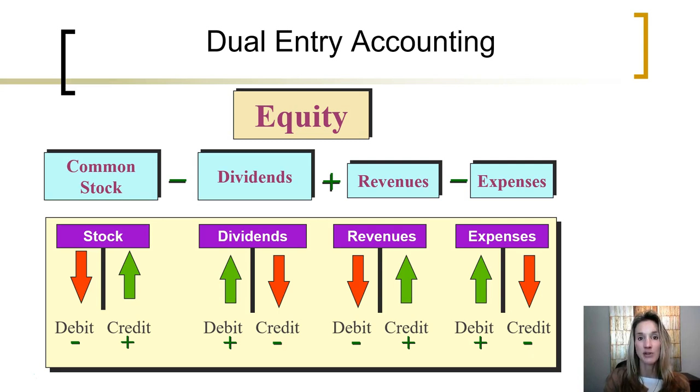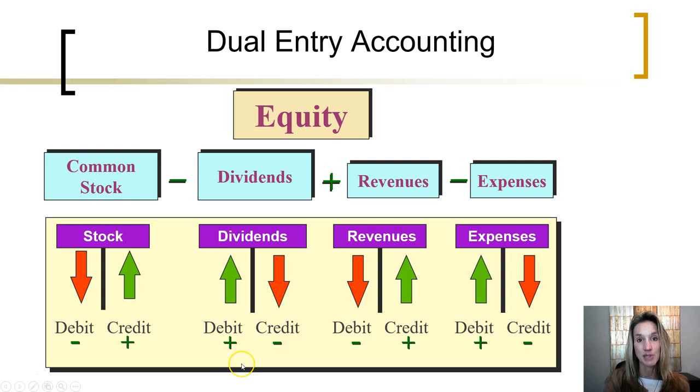Recall that in the prior slide I mentioned that overall equity is increased with a credit and decreased with a debit. What we're seeing here is as common stock goes up and as revenues go up, those two cause overall equity to increase. They both have credit balances. However, dividends and expenses, the more expenses go up and the more dividends go up, the more overall equity decreases.